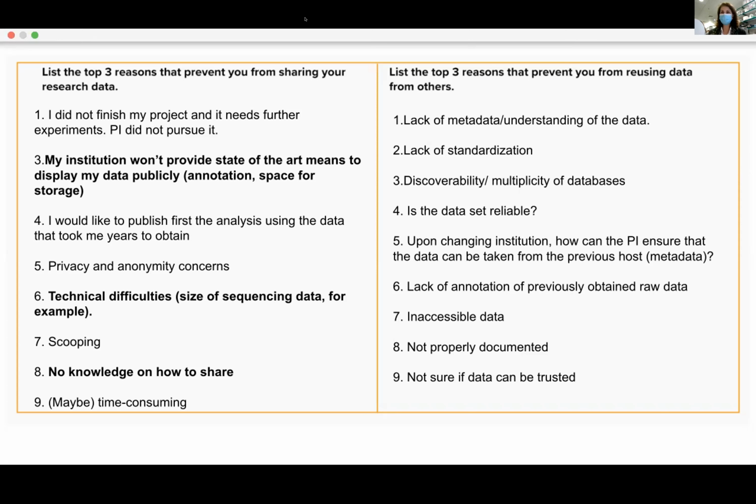I don't know if my colleagues want to add something. Maybe they left already because we're running out of time. Silvana? Yeah, okay. Because reproducibility can be a problem also just for us. If I repeat an experiment that I did some time ago, it happened to me to have different results.